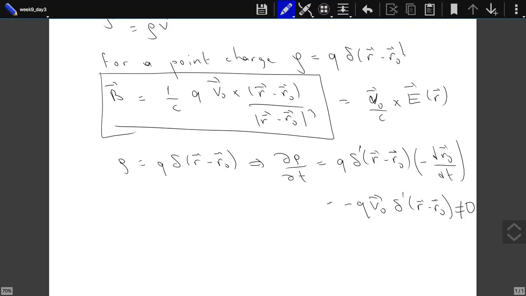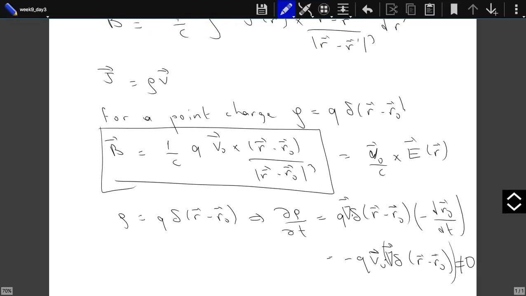Oh, sorry, let me just rewrite this in a slightly different form. This is the gradient of Dirac delta. Well, we can consider this system as a magnetostatic system if the velocity is slow. If V0 is sufficiently slow, in that case, we can treat it as a magnetostatic system, and this would be the approximate expression of the magnetic field.